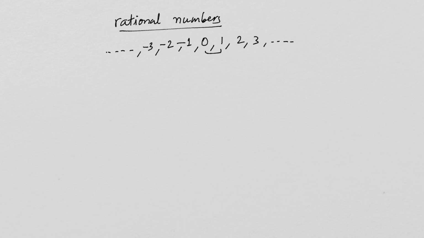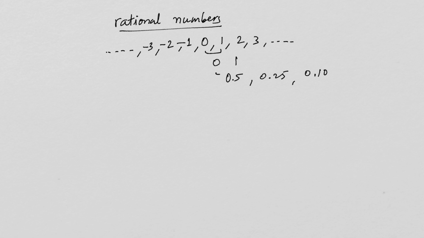So take any two numbers, 0 and 1. In between there is 0.5, 0.25, 0.10. So rational numbers include all these numbers and even the negative parts of it.